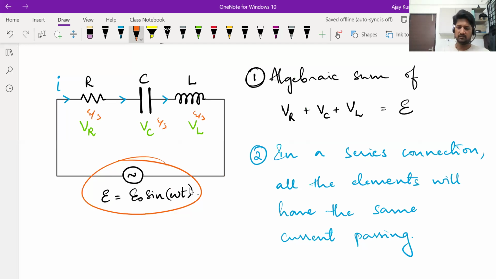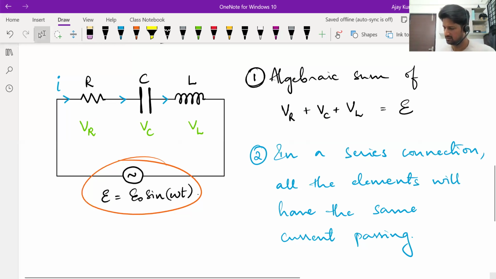That is meaningless. In a simple connection of two resistors itself, the distribution of voltages will be in the ratio R1 is to R2. You can't say equal distribution will be there. So we don't know the voltage across each element. We don't know the current also. So we have to use some techniques here.